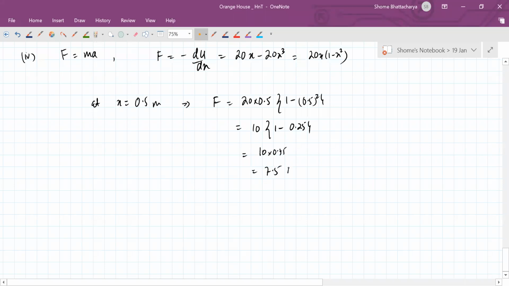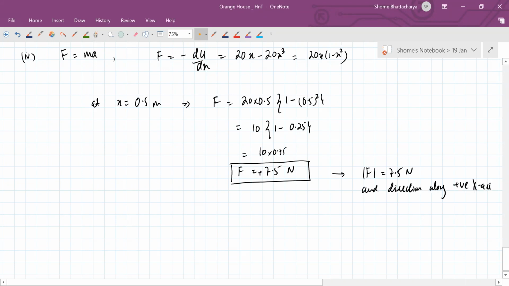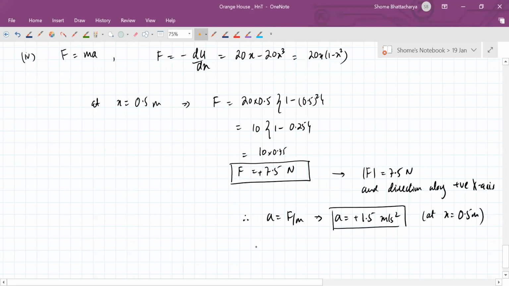So 7.5 newtons with the plus sign. That means the force has a magnitude of 7.5 newtons and direction along positive x-axis. Therefore, the acceleration, so this is the answer.